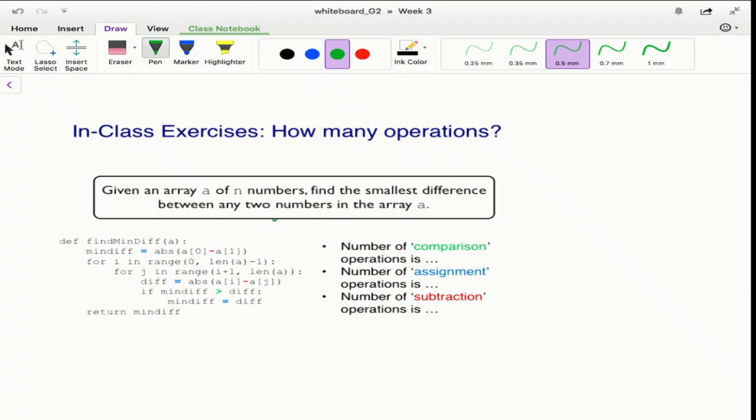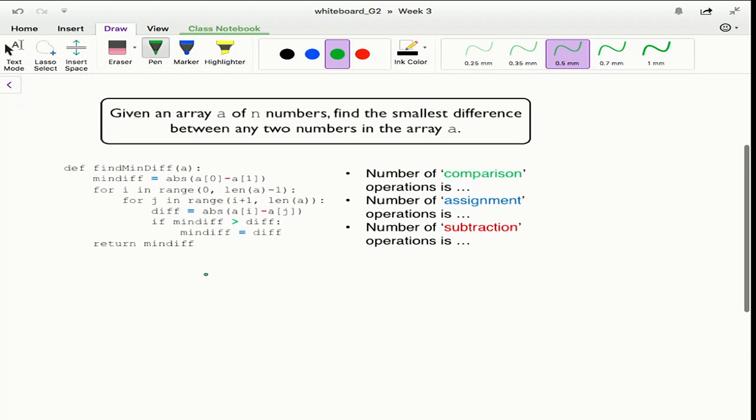So for example, you want to find the smallest difference. Now to find a difference, you know you need to do some kind of subtraction, right? To find the smallest one, you know that you need to do some kind of comparison. Now these are essentially going to be the kind of operations that you will need to do to solve a problem. Now in this case, we are already offered an algorithm, and let's analyze how this algorithm actually runs.